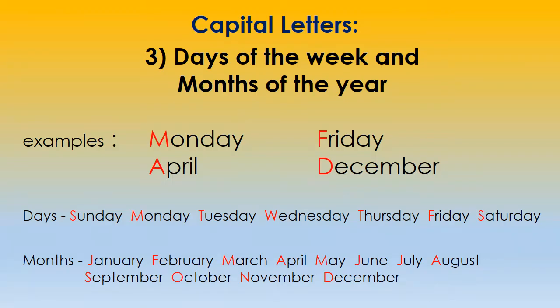Now, when we write a month, we should write the very first letter in capital. For example, April, A is in capital. December, D is in capital. In red, you can see here the very first letter of these days and months are written in capital.